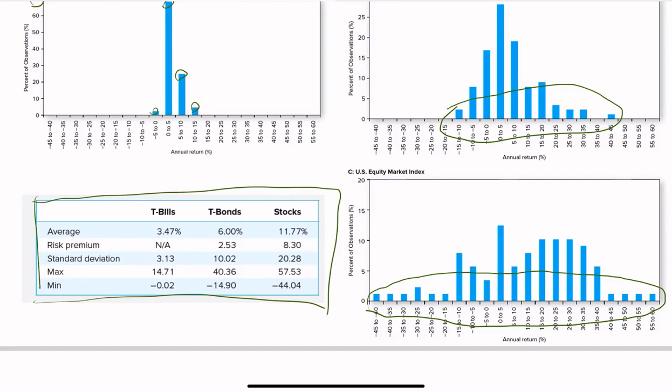The standard deviation of T-bills is quite small, about 3. T-bonds is 10, and for equity, it's about 20. Of course, you also have higher returns in equity compared with T-bonds.